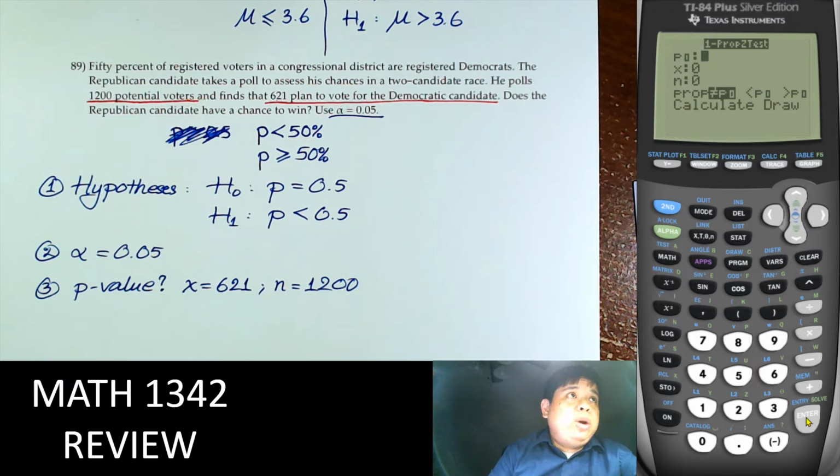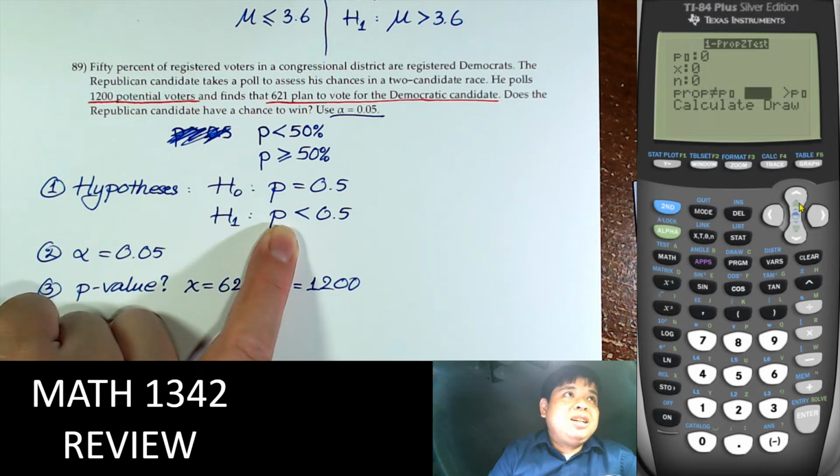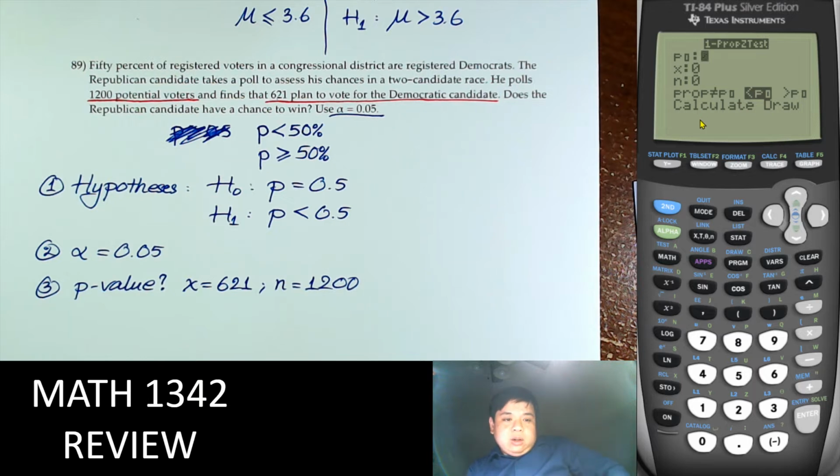Right, the alternative hypothesis is less than. So first we're going to choose proportion is less than 50%. So just 0.5. x is 621 and n is 1200.